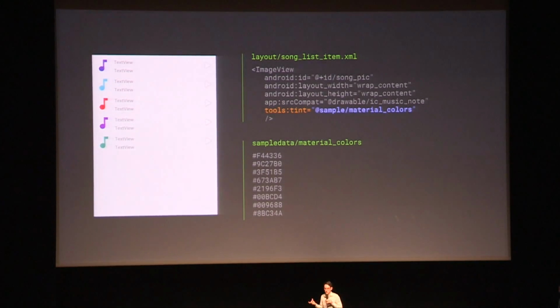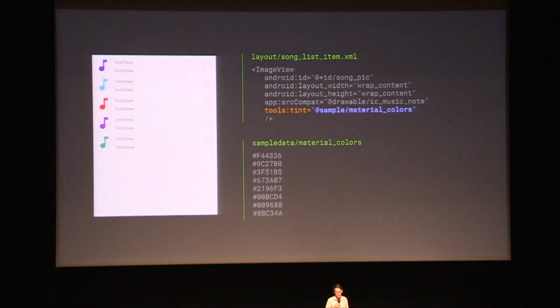So here the code word for it is add sample, and then the name of your file. So here you use add sample material colors, which means that the image view will use for the color of the musical note one of the colors in that file that you provided, and the recycler view will just choose a different color for every item.